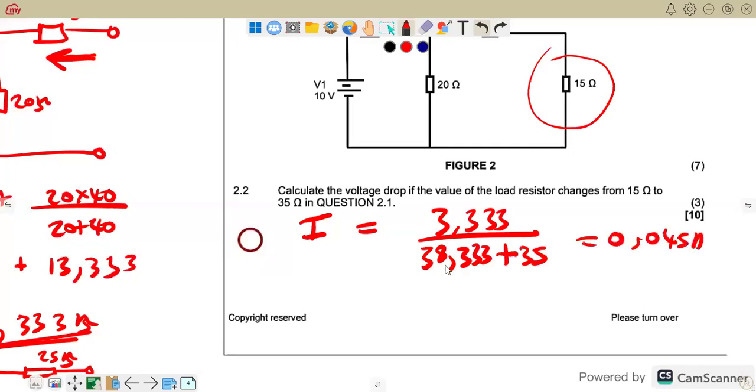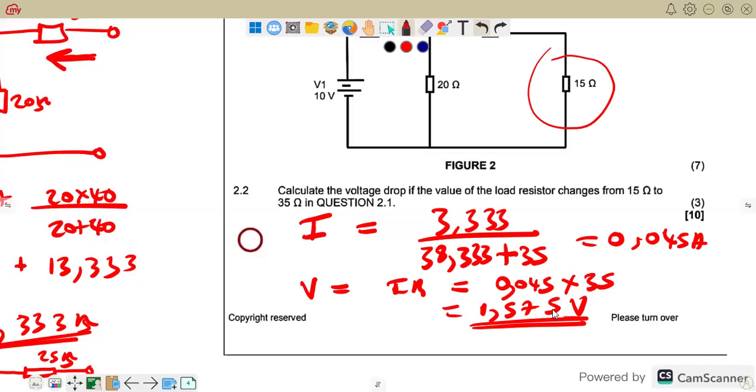Then the voltage drop is current times R, which is 0.045 multiplied by 35, the new 35 ohm resistor.